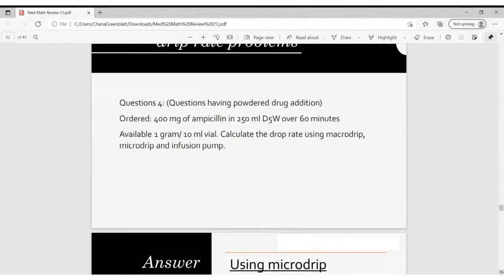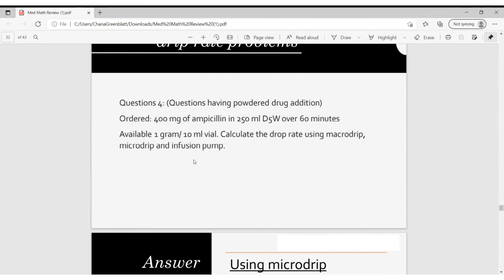So where it says 400 milligrams of ampicillin, don't think that that is your total volume. It's 400 milligrams of ampicillin diluted in 250 milliliters. That means that the whole vial has 250 ml of fluid.